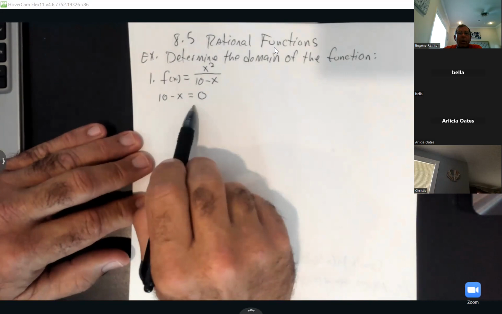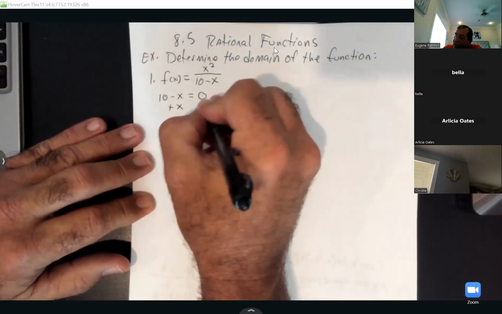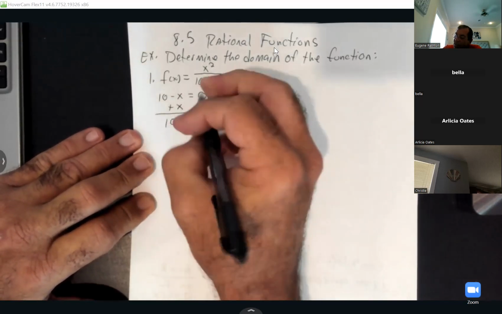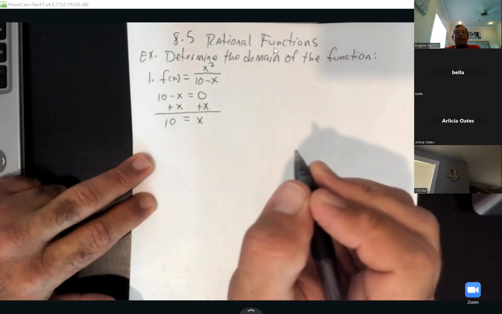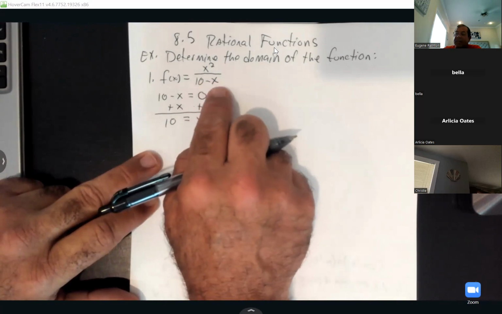The quickest way to solve this is to add an x to both sides to make it positive. The 10 stays on the left side, and on the right side I get x. So 10 equals x. If I put a 10 here, 10 minus 10 is 0.